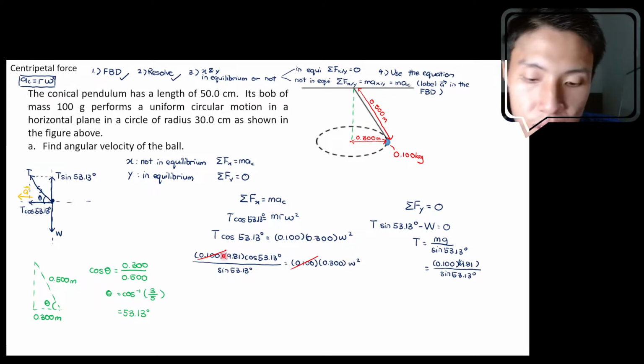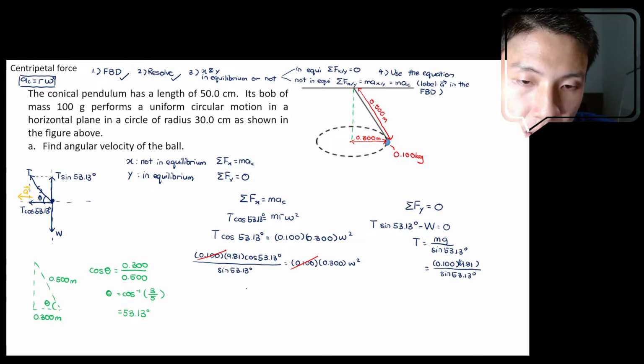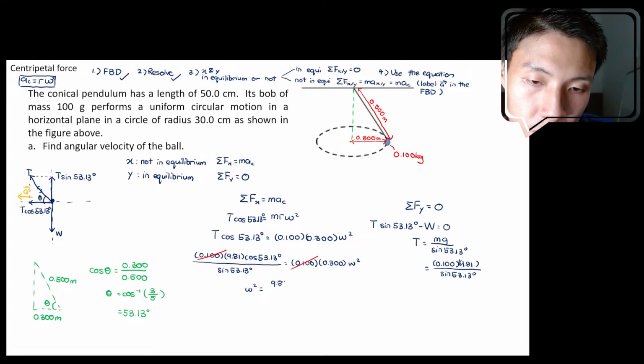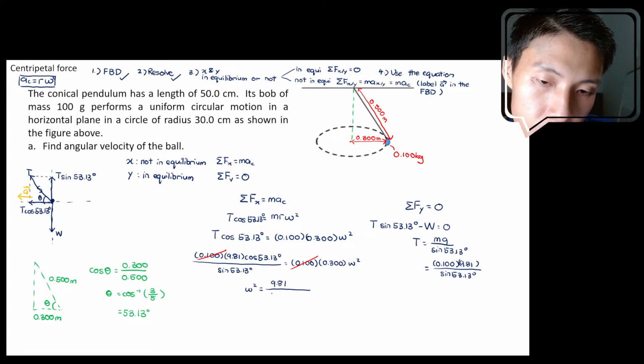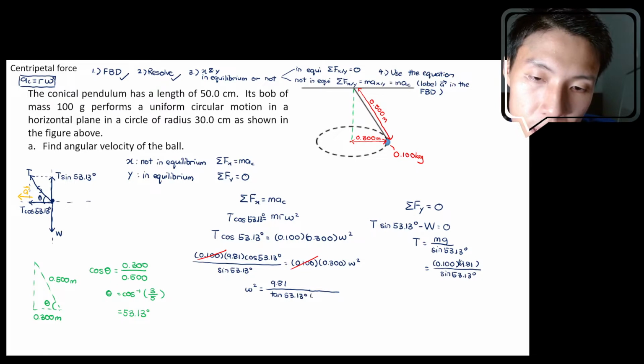If we shift everything over, you may do this step slowly and break it into a few more steps, but I can see right now that omega squared will be equal to 9.81 divided by tangent 53.13 degrees multiplied by 0.300.